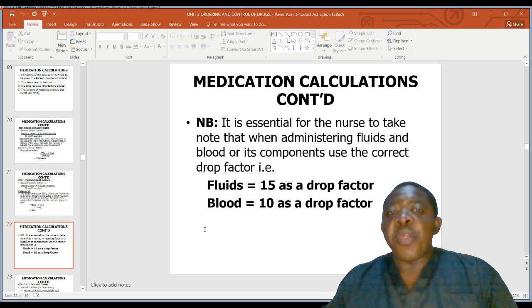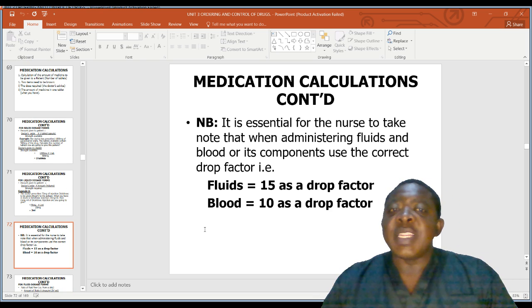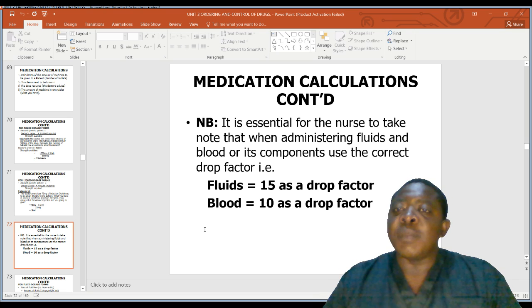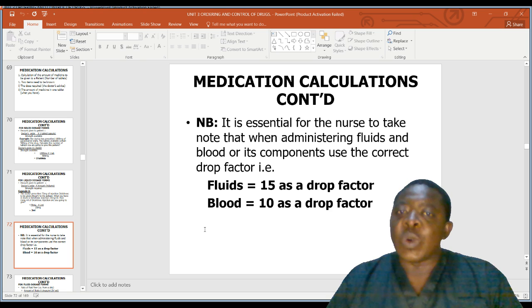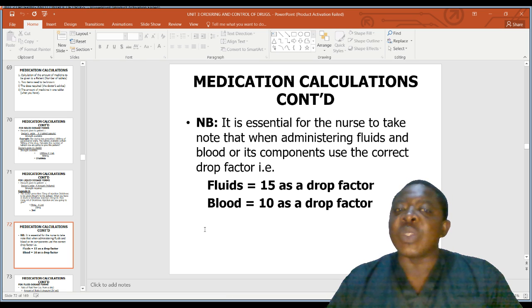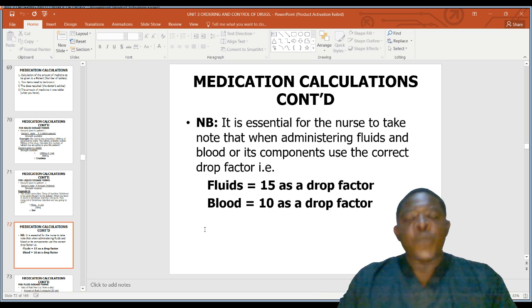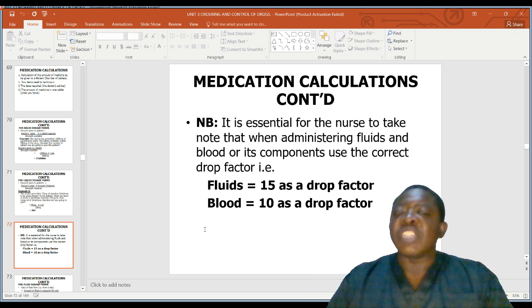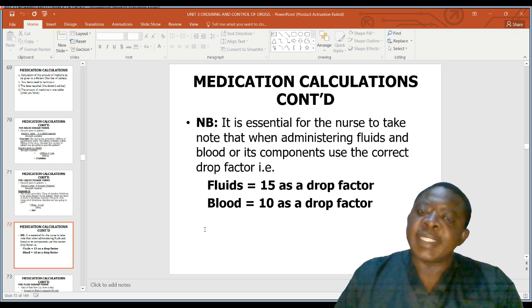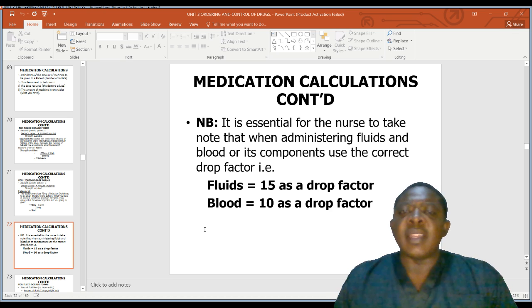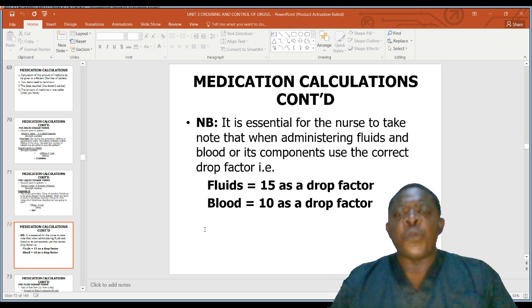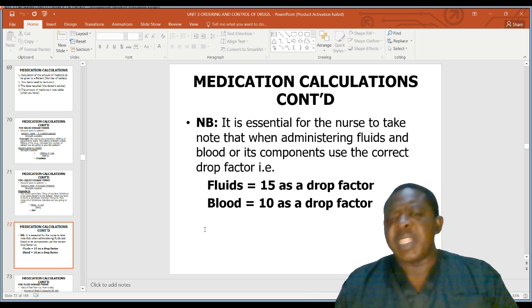Okay, other things to note is that it is essential for the nurse to take note that when administering fluids and blood or its components, you use the correct drop factor. So now this one is for fluids that we administer in drips. So for fluids, we have a standard drop factor of 15. Okay, it may be found on the giving set.